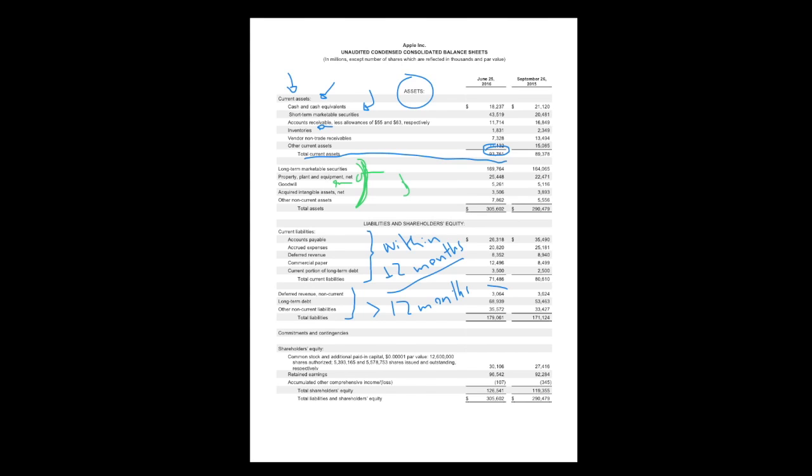And here, shareholders' equity is broken down into stocks. Here is some very interesting stock information from Apple. You don't need to worry about this, it's very specific. Retained earnings is a very, very important account. Remember when we saw the income statement?